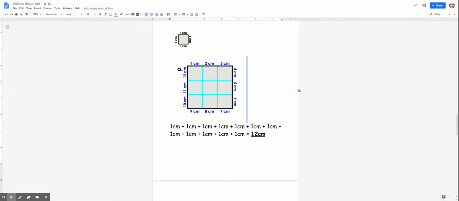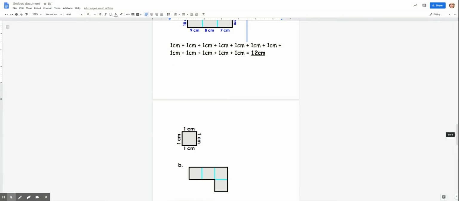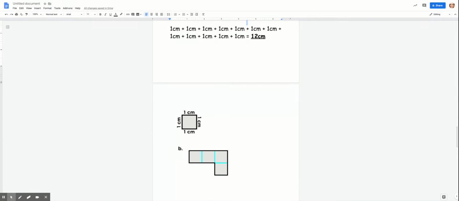Sometimes you may have an object that is not a perfect measured object. It may look something like this. You would still only count the outside lines.